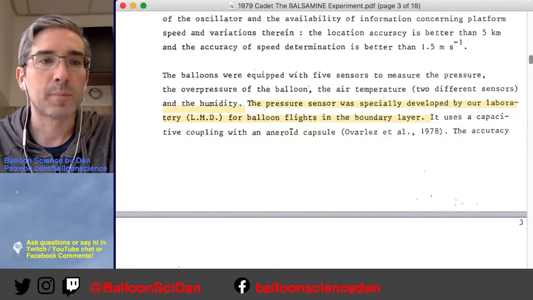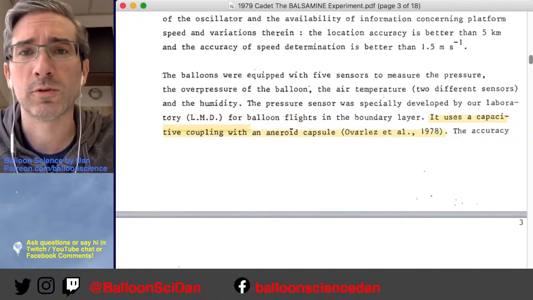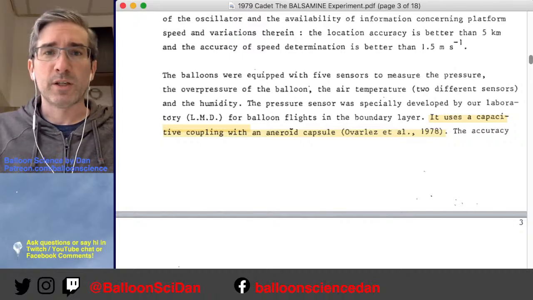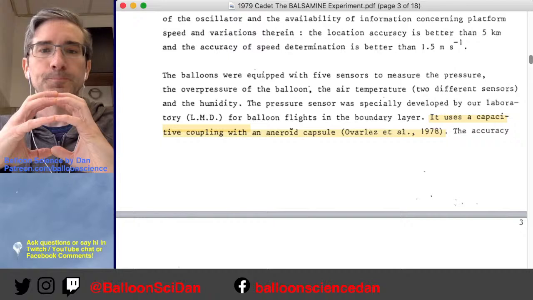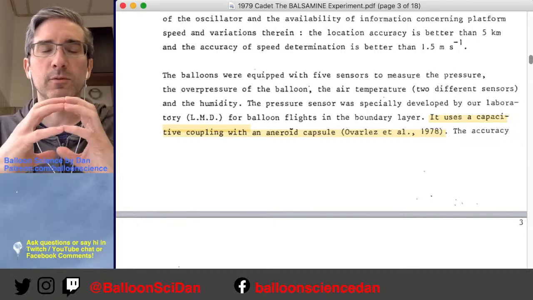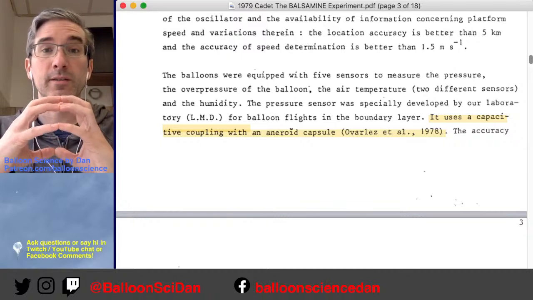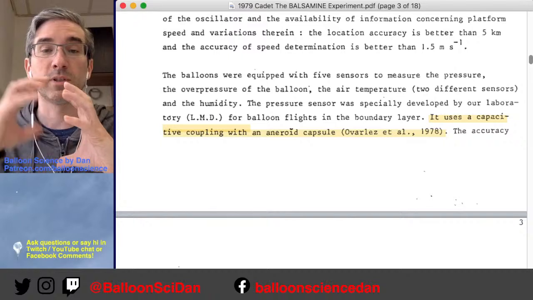It uses a capacitive coupling with an aneroid capsule. Oh, that is so old school. So an aneroid capsule is basically just a sealed accordion, a little metal accordion box, welded shut with a certain amount of air in it, like at sea level. And as the air pressure outside decreases, the air inside wants to press outward until the pressure inside is equal to the outside.